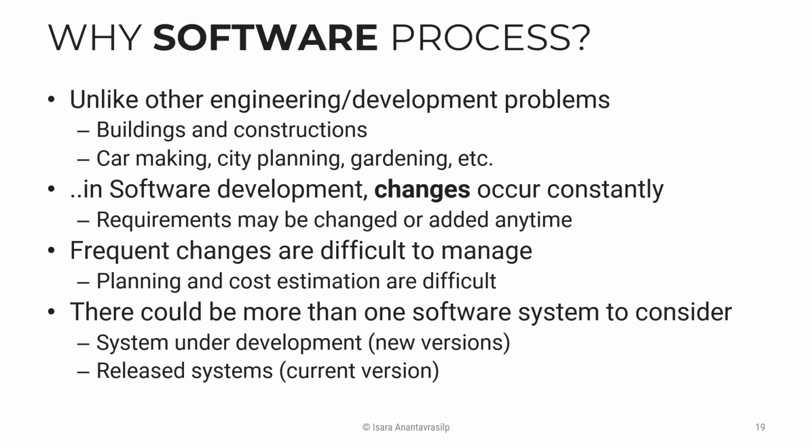Requirements may be changed and added any time, maybe before the release, in the design phase, or even after the release, after the user uses it and then realizes, hey, this is not what we want. Maybe we want something more, something else, and therefore changes occur all the time.